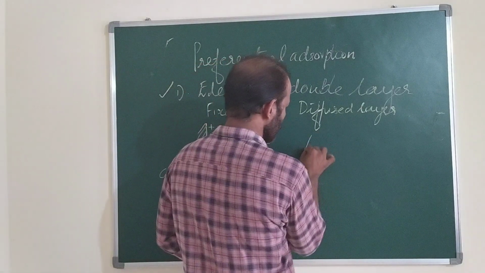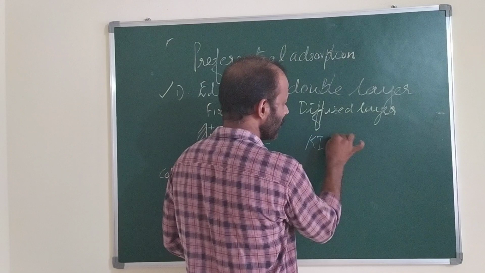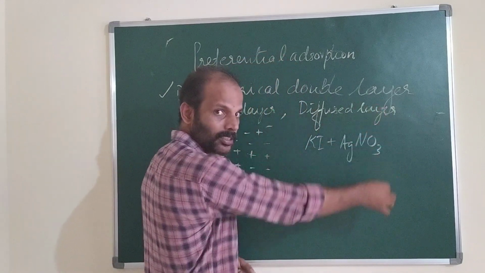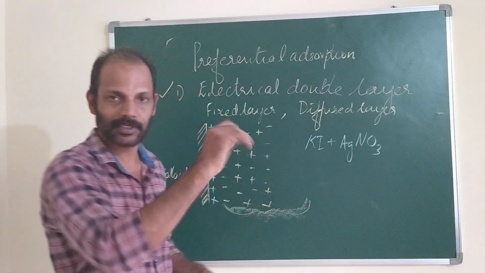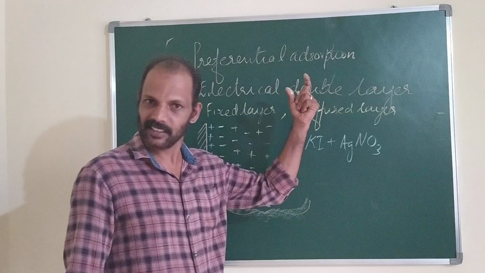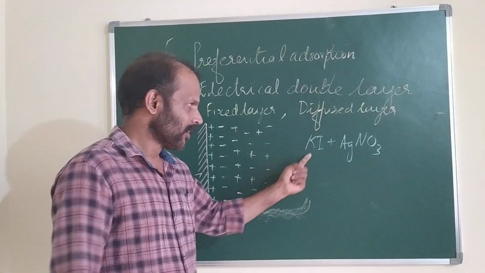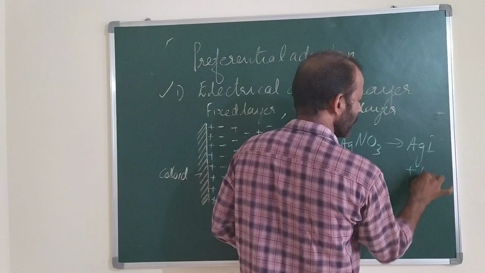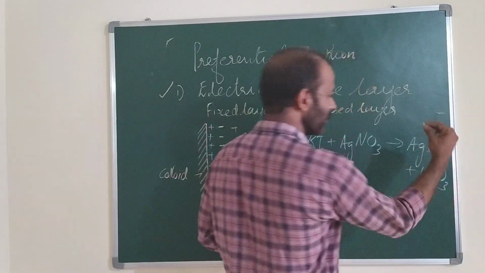For example, again the first case, potassium iodide plus silver nitrate. Here we are adding potassium iodide to silver nitrate, so the amount of silver nitrate is very much larger compared to potassium iodide. So the number of Ag plus is very much greater. Plus KNO3, that's our reaction.